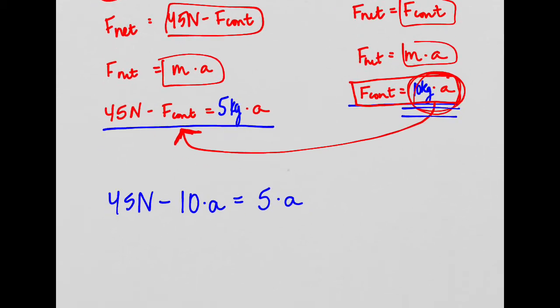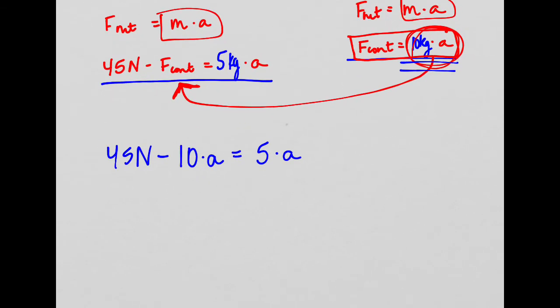This is just basic algebraic rearrangement that you definitely know how to do. I'm going to rewrite this so that you can see what I mean. I have 45, and again, I'm not going to write units anymore. 45 minus 10A equals 5A. How could I rearrange this to solve for A?